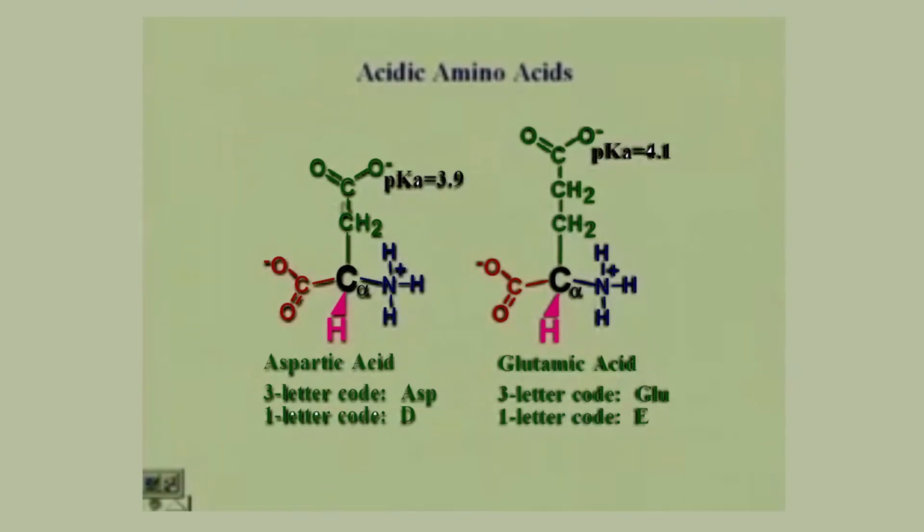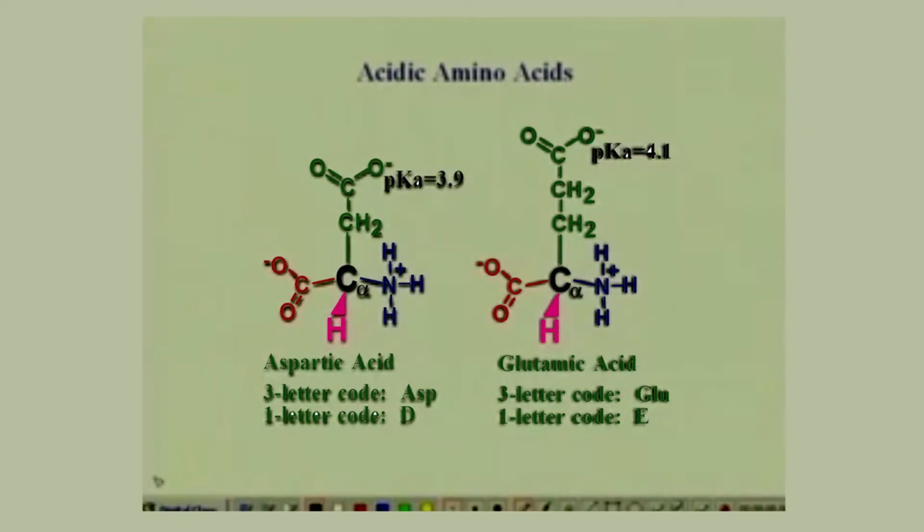Now, what we have here is a C double bond O, O minus. Now, this is apart from the actual carboxylic acid that comprises the part that is common to all amino acids. This is part of the R group, the side chain.